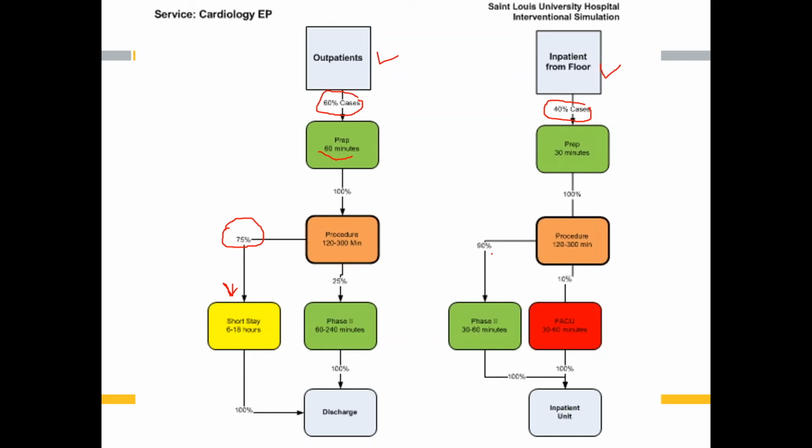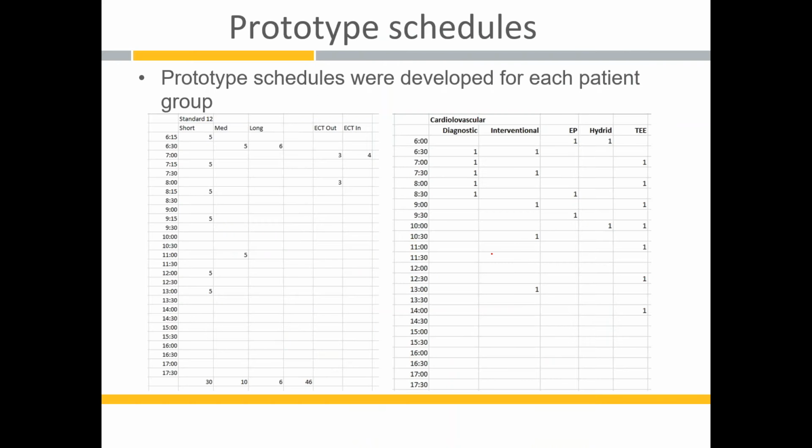We developed the process, and then the next thing we did was to develop a prototype schedule, and it was fairly straightforward. We used an Excel spreadsheet, and what you're seeing on the left is the operating rooms. Rather than go into specific procedures like open heart or trauma, we divided the flows into short OR times, medium OR times, and long OR times.